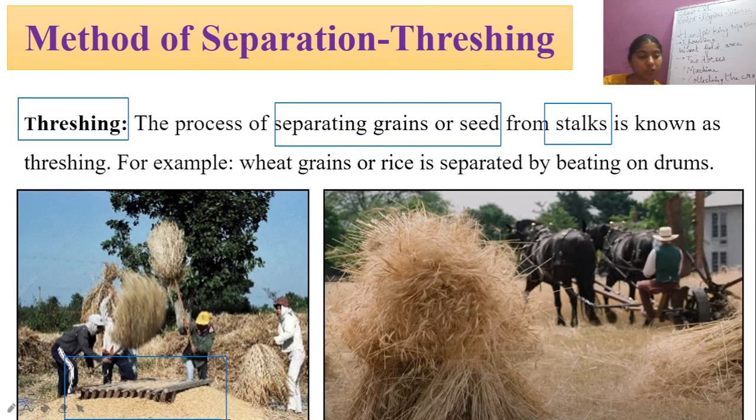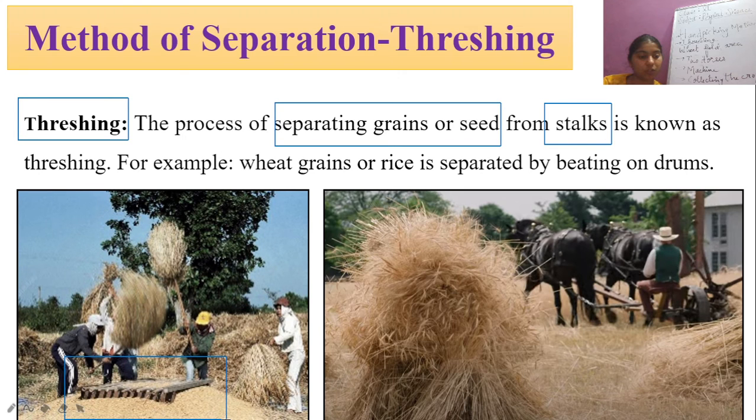Here the crops are beaten and the grains come out. And in threshing using machine, the person is using two horses and a machine, and from there he is taking out the grains from the stalks, right?